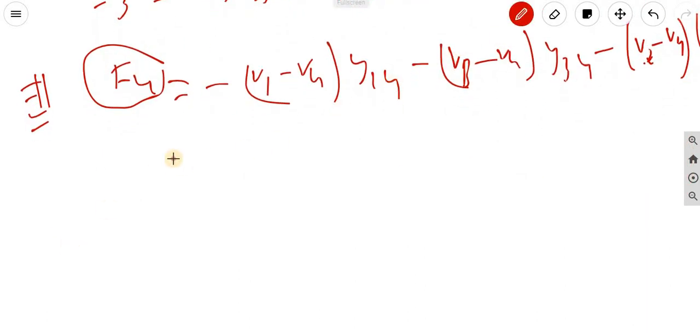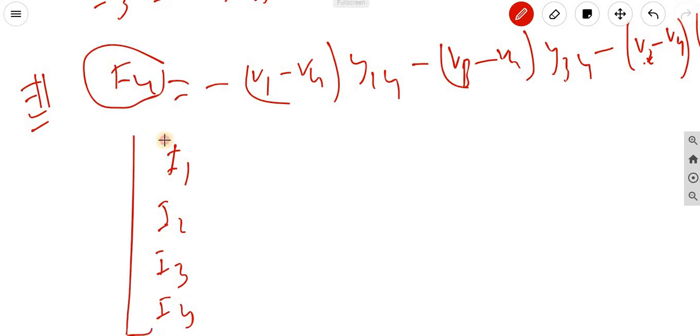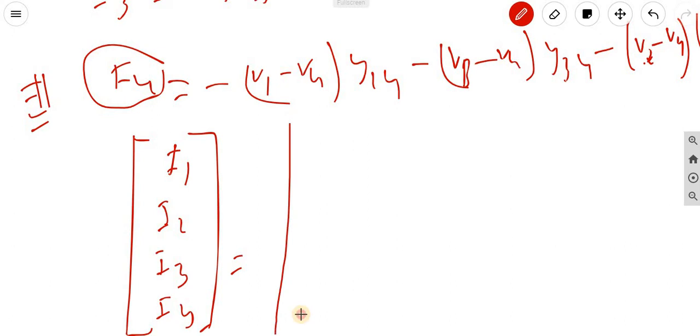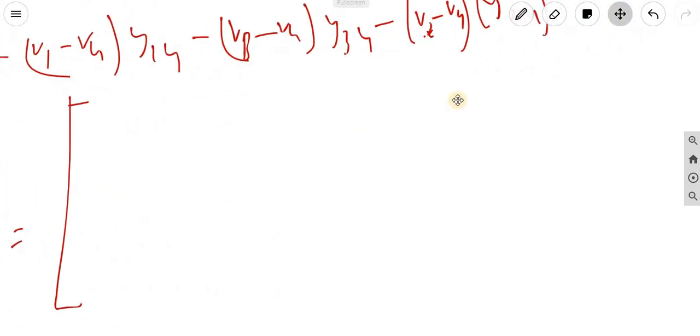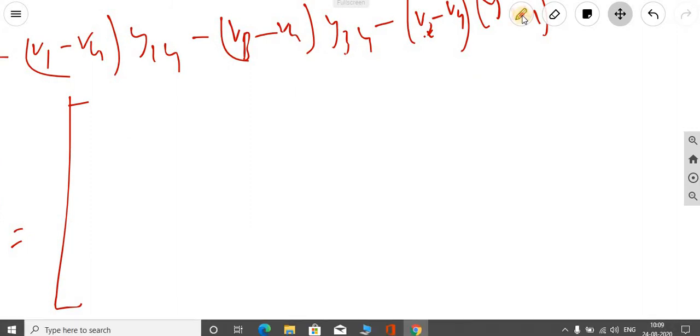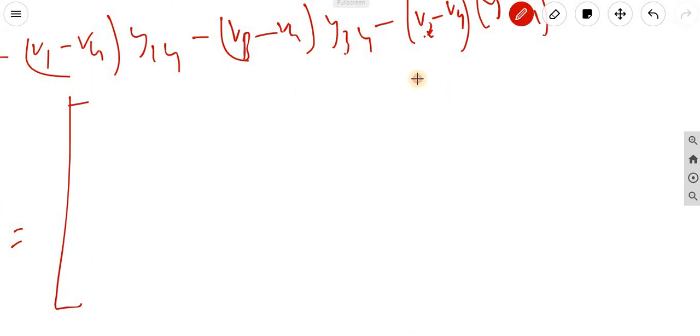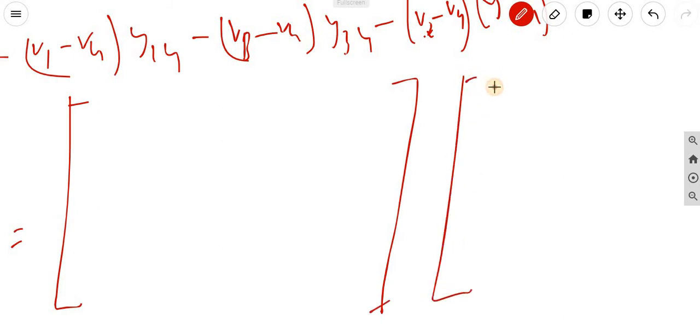If you form I1, I2, I3, I4 as a matrix for the current injection, this is the matrix you can get in terms of the voltages V1, V2, V3, V4.